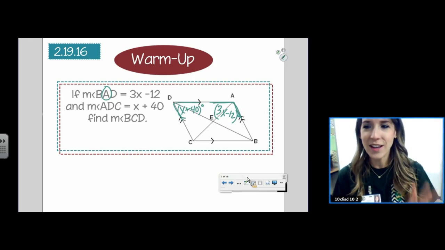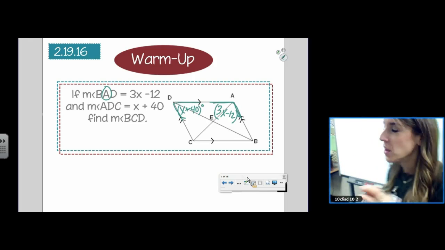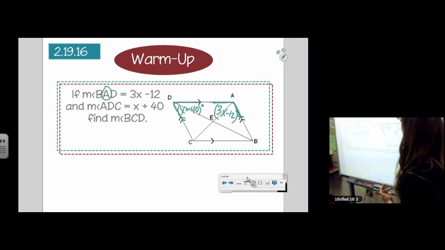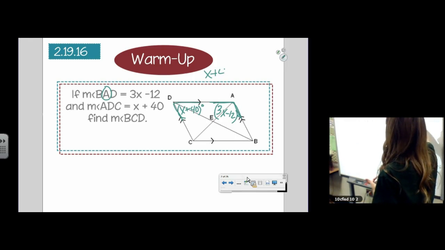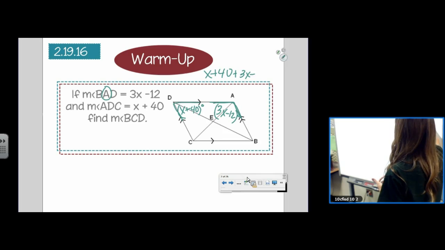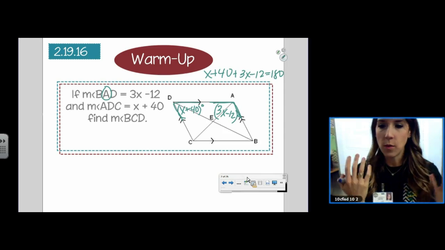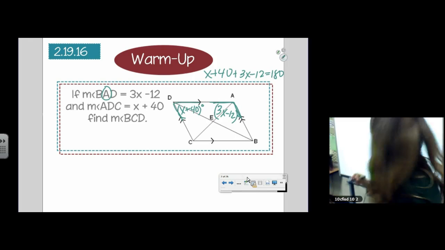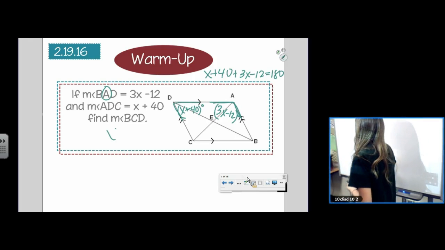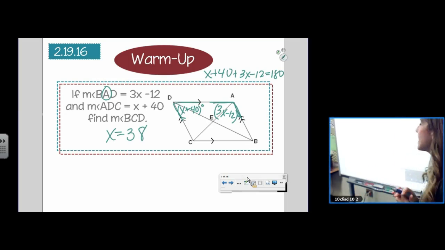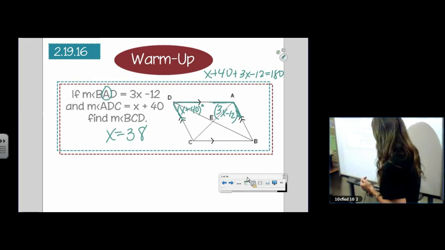So as long as you were using a little bit of thought in this problem, you would have added them to equal 180. Consecutive angles are supplementary. Add them to equal 180. You get that x equals what? Very good. X equals 38. You plug it back in. Now we're trying to find angle BCD.